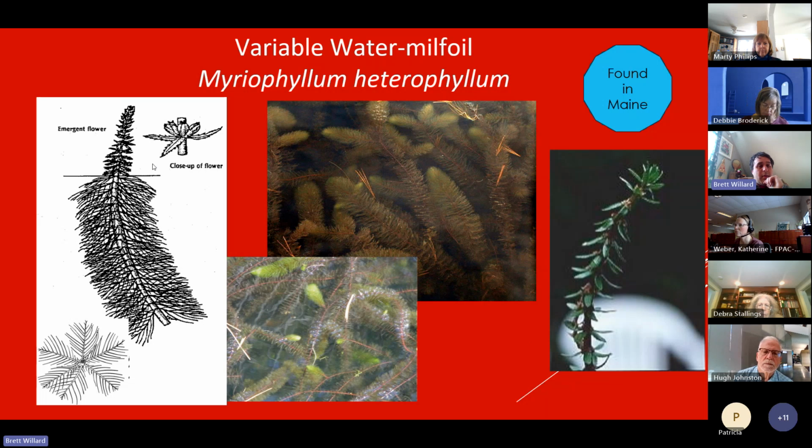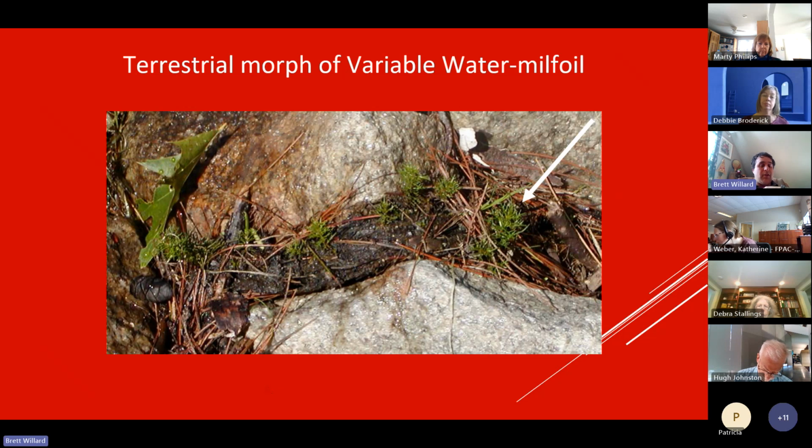This plant grows very, very quickly, can fragment and make new plants, and can also spread by rhizomes. A curious thing about how else it will spread is that it can spread as a terrestrial morph.